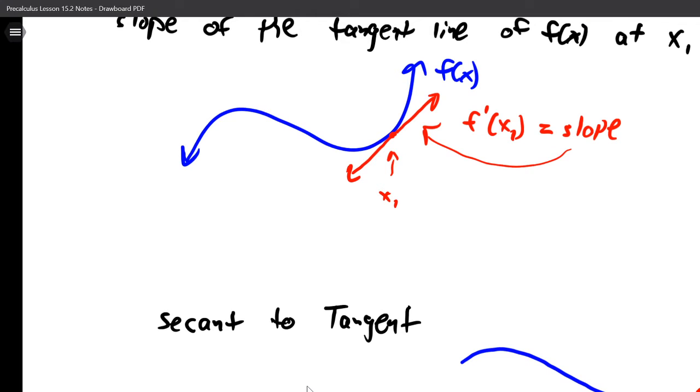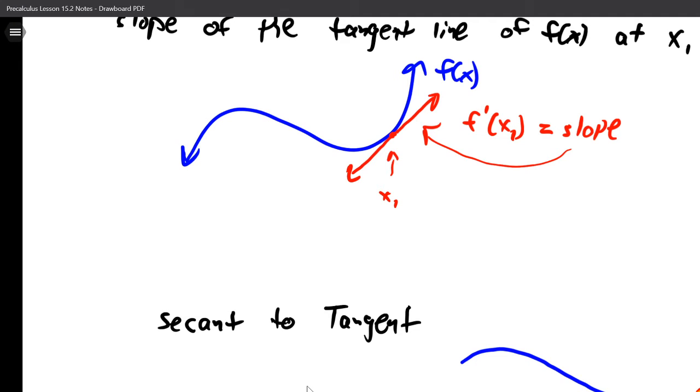I mean, really easily, because you have two different points, right? And you find the slope between 2 points. How do you do that? Change in y over change in x. Well, what if we moved the point a little bit closer? So this second point, we move closer and we found this slope here.